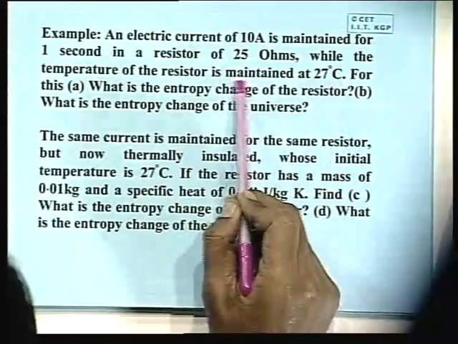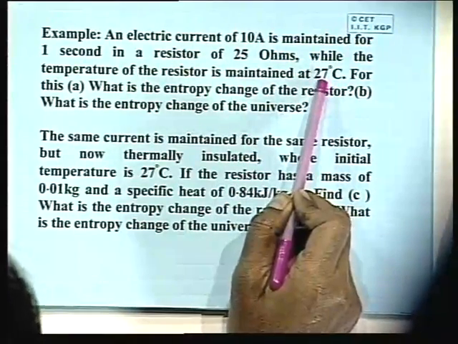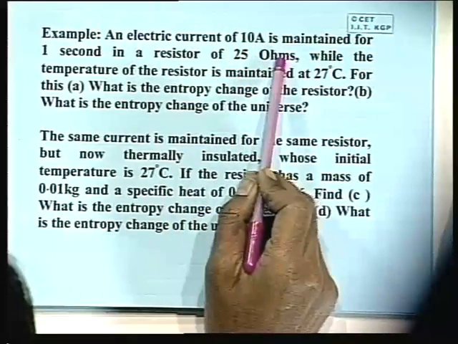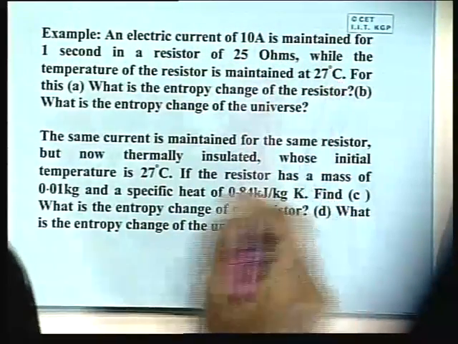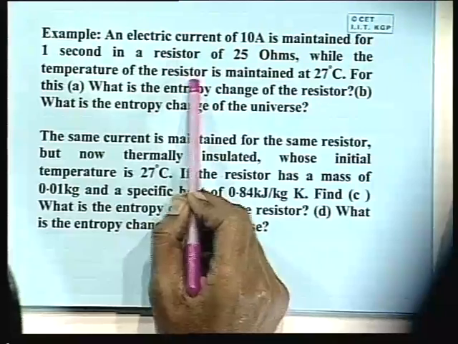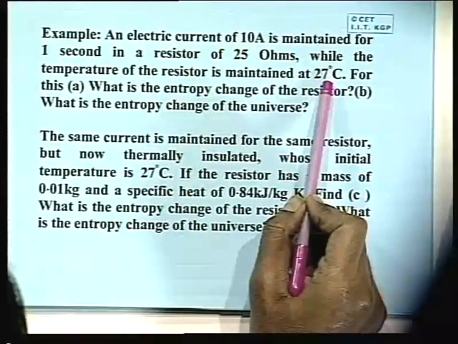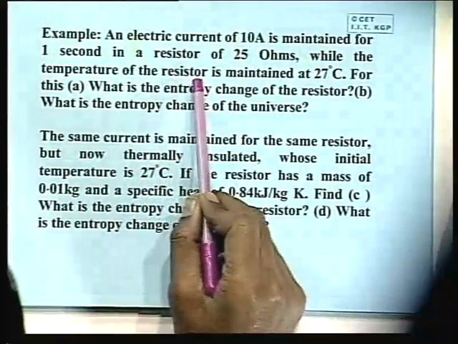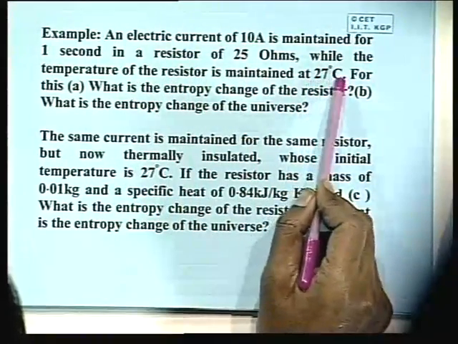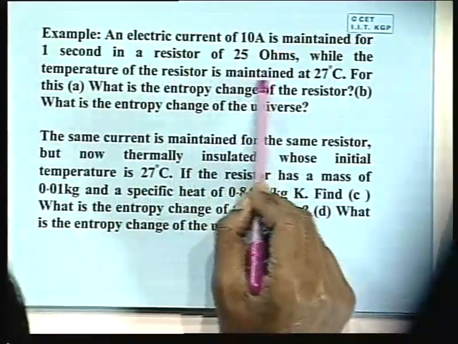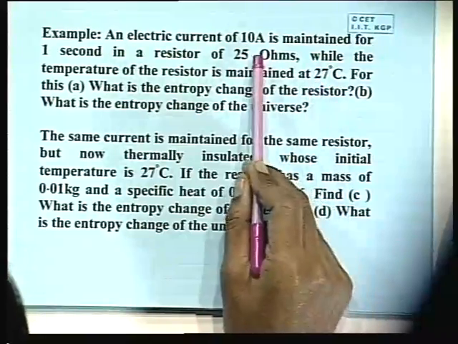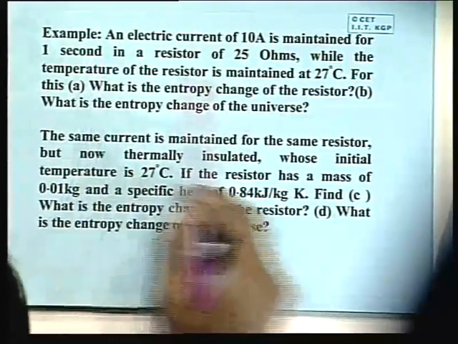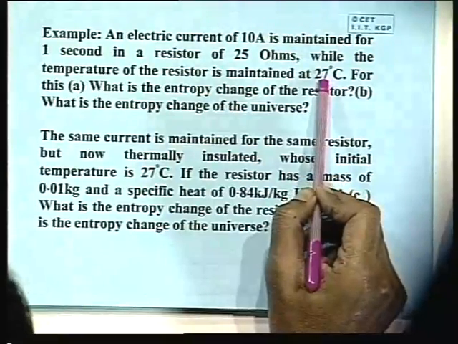That means this resistor is cooled in such a way that the generation of internal energy because of this electric current must equal the energy out of the resistor, so that the temperature is maintained at 27 degrees Celsius. This is very important: the temperature is constant for the resistor while the current is passed through it during a time of 1 second, and that temperature is 27 degrees Celsius.